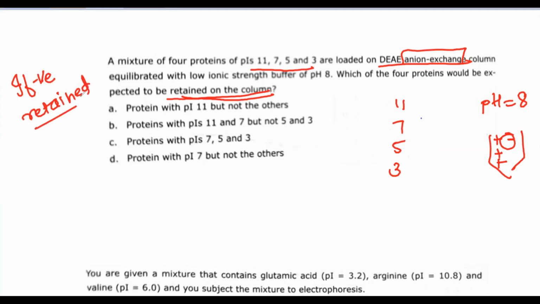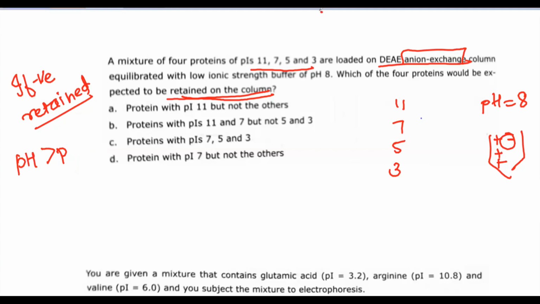Now, when is an amino acid negatively charged? Yes, when the pH is greater than the pI. So, now the pH they have given you is 8. So, check which pI is less than 8. Okay, which pI is, oh sorry, I just made a blunder while writing here.